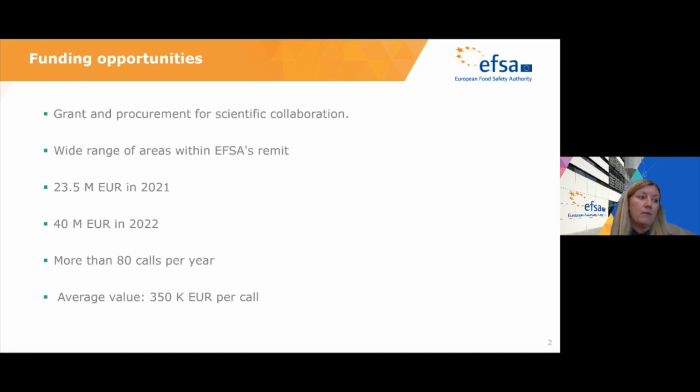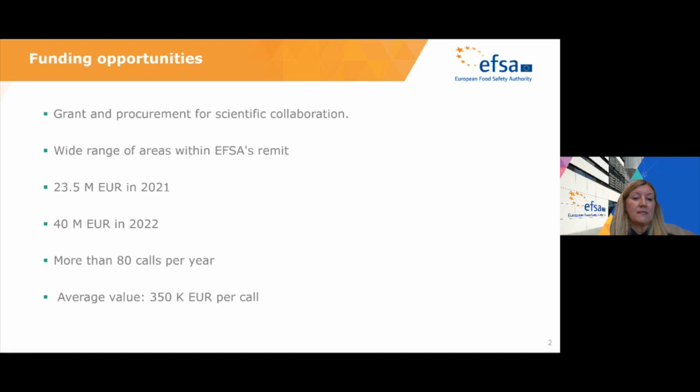The value of the scientific grants and procurement that will be awarded in 2021 is 23.5 million euros, and that's set to increase to 40 million euros in 2022 and will increase further in future years.